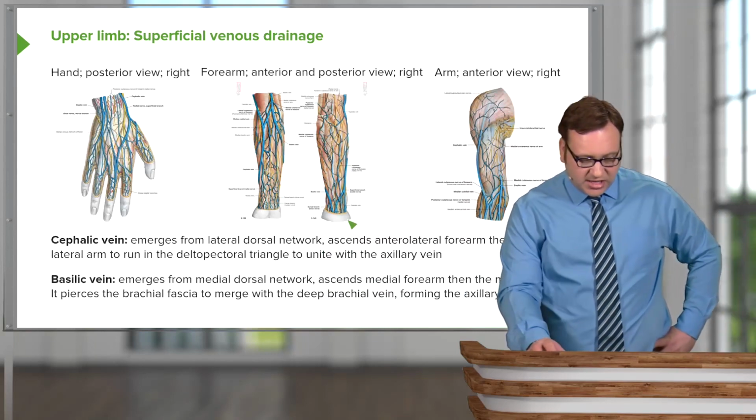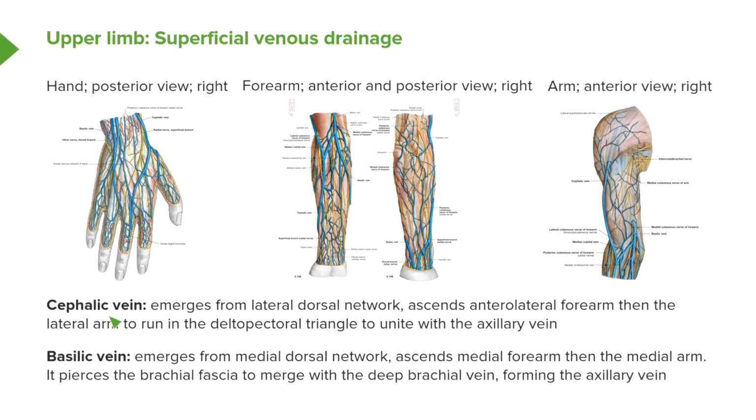Here we can see, if we turn to the superficial veins again, we've got the cephalic vein and we've got the basilic vein. So on this diagram here, we can see the hand in this extreme over here, we can see the forearm in the middle, and then we can see the arm in this opposite extreme on the screen. And what we can see in the hand region is this dorsal network.